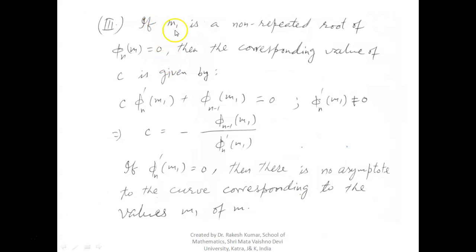Next step is, if m1 is a non-repeated root of phi n(m) equal to 0, then the corresponding value of c, because we are interested in a straight line which will be an asymptote to the curve, that is y equal to mx plus c.